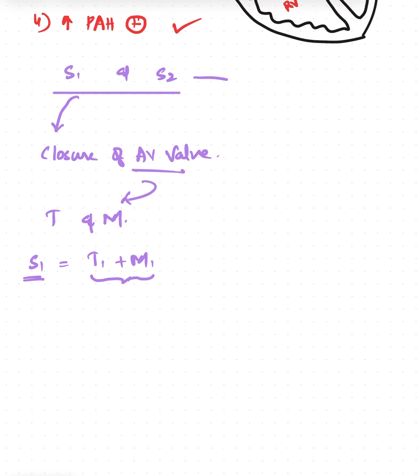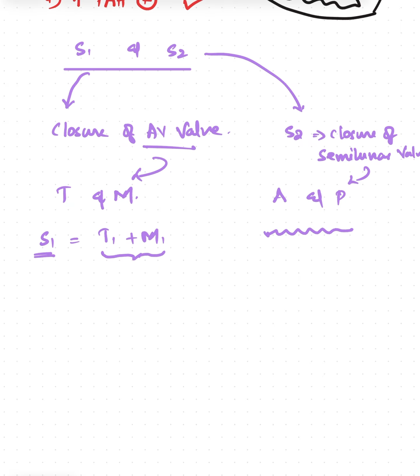At the same time, let's go into S2. S2 is the closure of the semilunar valves. The semilunar valves are nothing but the aortic valve and pulmonary valve. If you don't know where these valves are, please refer to an image. Just check on Google for images of these valves.